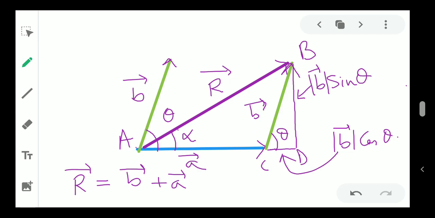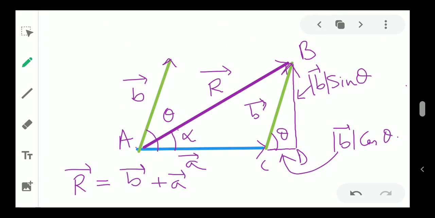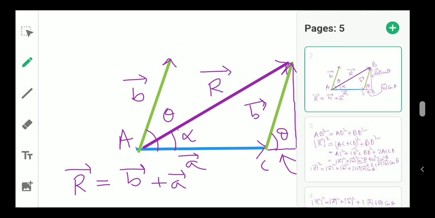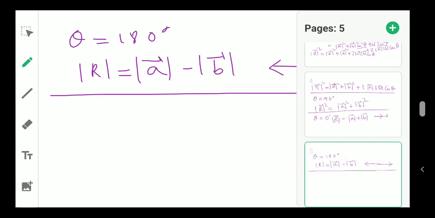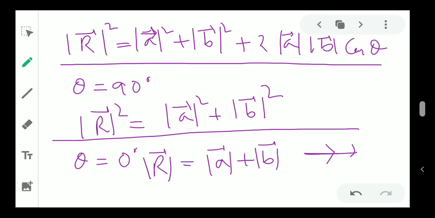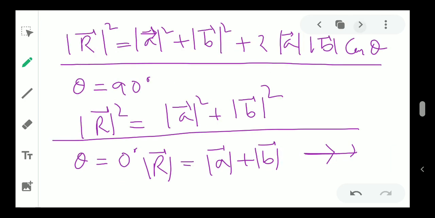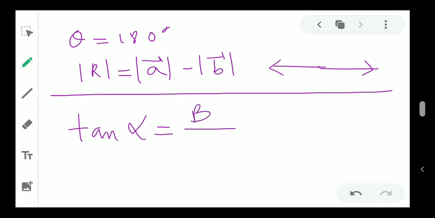We have got the value already, but how to measure the angle? Alpha is the angle, right? So for the big triangle ABD, I can write tan alpha. I know that tan alpha is basically perpendicular by base. So perpendicular is BD and base is AD, so BD by AD. Now BD is B sine theta.